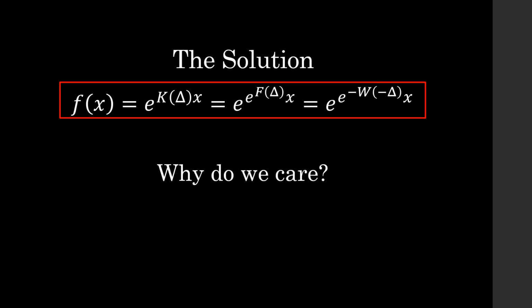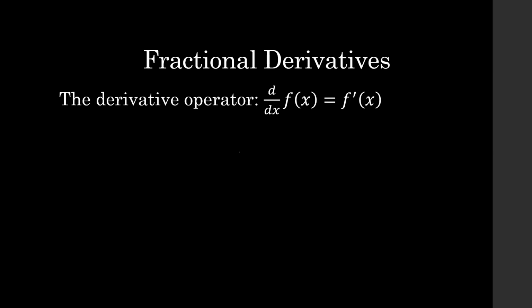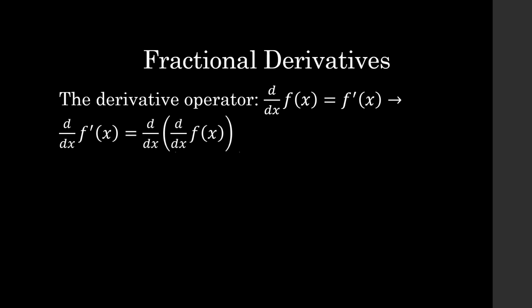Why do we care? Well, let's think about fractional derivatives. The derivative operator, when we take a derivative of a function, is usually denoted by these hash marks or primes, however you want to call them. If we want to take the derivative of that already derived function, that derivative can stack, and we denote it with a 2 over, d squared over dx squared.